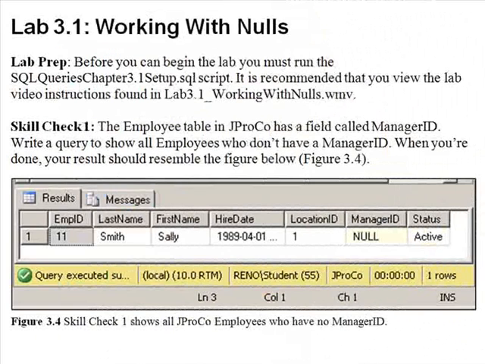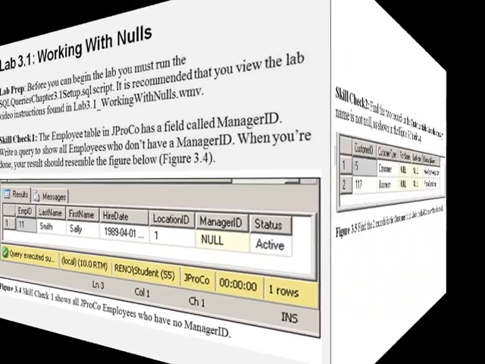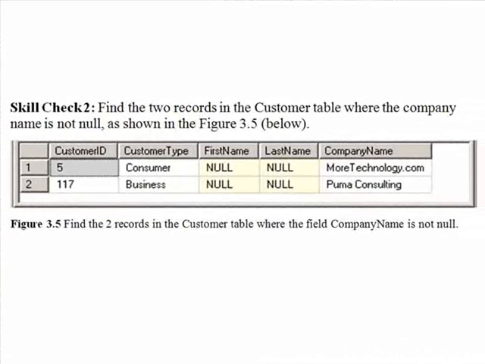The employee table in JProCo has a field called Manager ID. Write a query to show all employees who don't have a manager ID. When you're done, your result should resemble the figure you see here. Skill check 2. Find the 2 records in the customer table where the company name is not null.